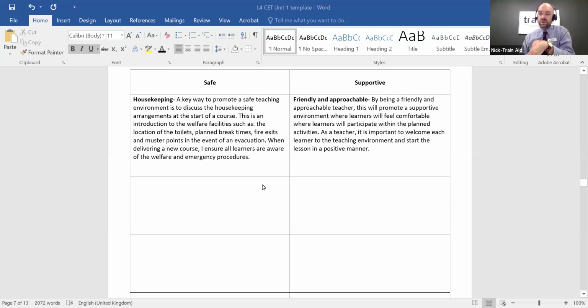So we have housekeeping. A key way to promote a safe teaching environment is to discuss the housekeeping arrangements at the beginning of the course. So this is very much an introduction to welfare facilities, such as the location of the toilets, planned break times, fire exits, what to do in the event of a fire, to go to a particular muster point.